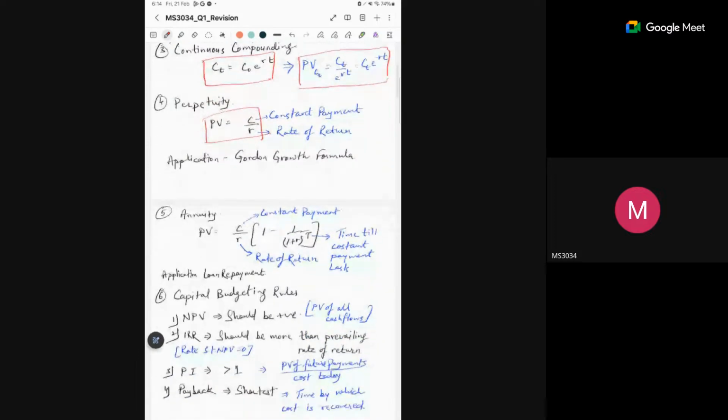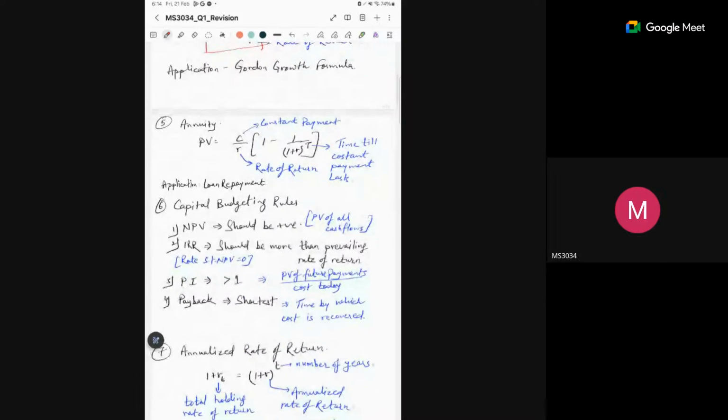An annuity is a perpetuity which does not last forever, but lasts for a certain period of time. For example, if my payment lasts for only 30 years, then it is an annuity. Here is the formula for the present value of an annuity, which gives me a constant payment of C every period for T periods. If the prevailing interest rate is R, then this formula gives me the present value of my annuity.